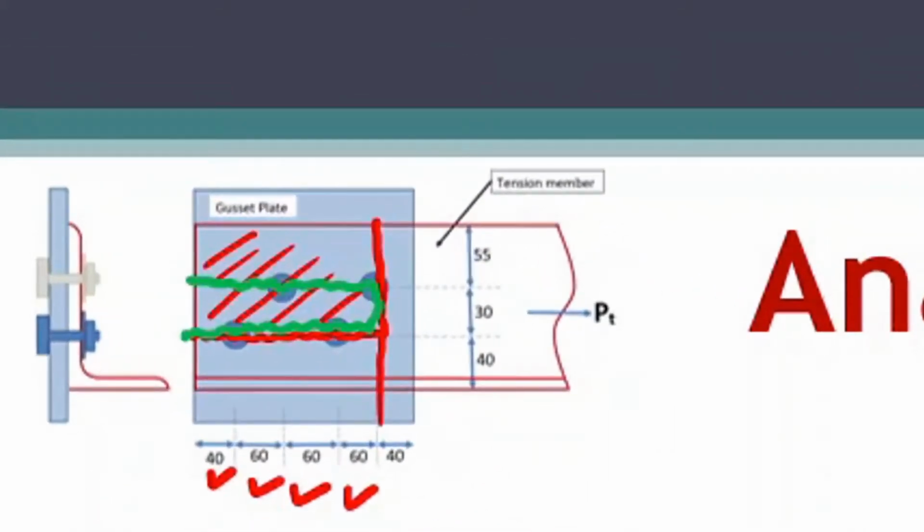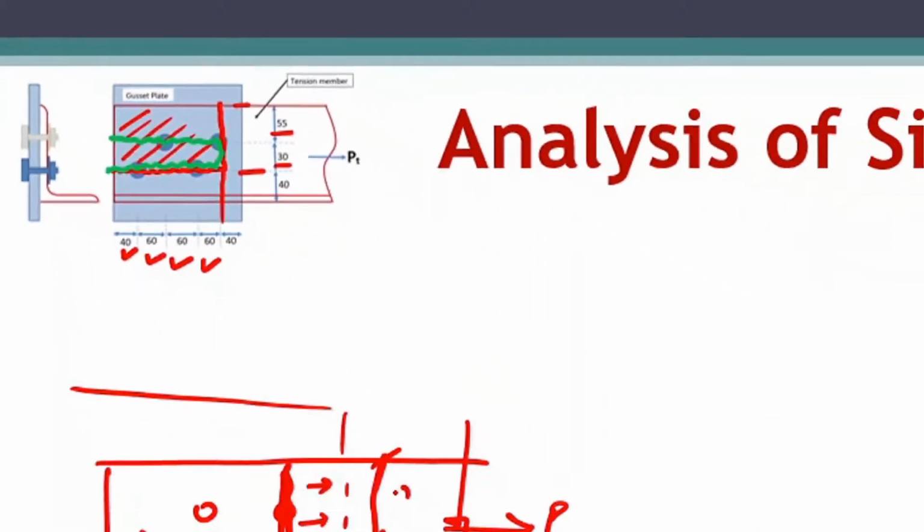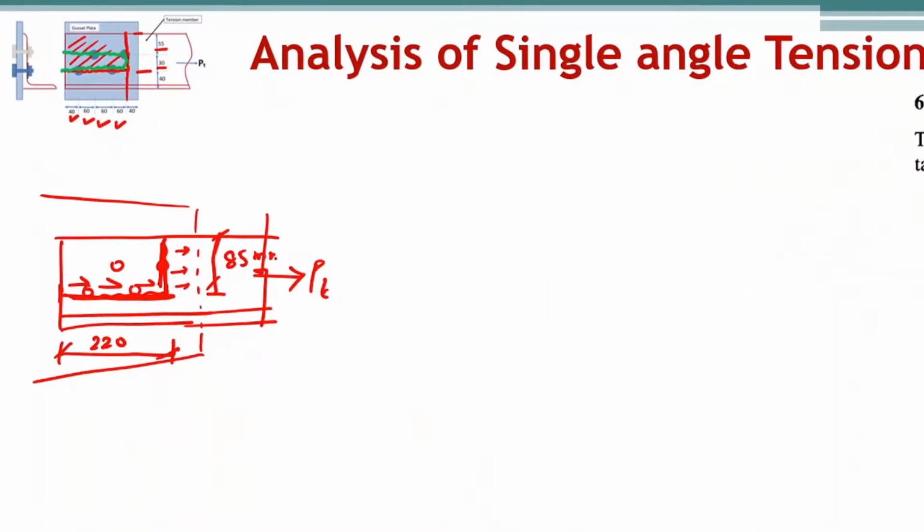Similarly, the gross width of the tension plane is from here to this, 55 plus 30, 85 mm. So we know the gross width of the shear and tension failure planes, and the thickness of the connected leg is 10 mm.